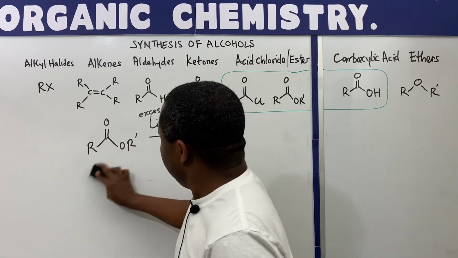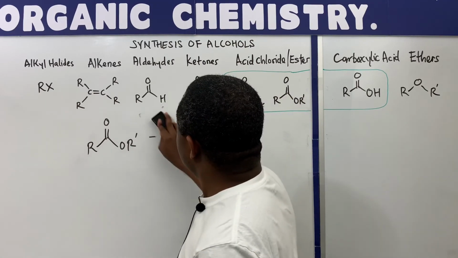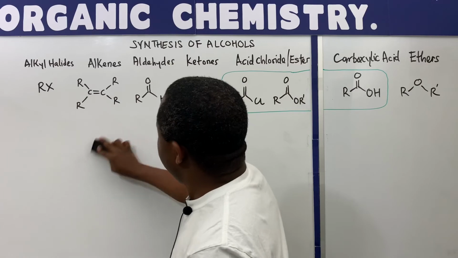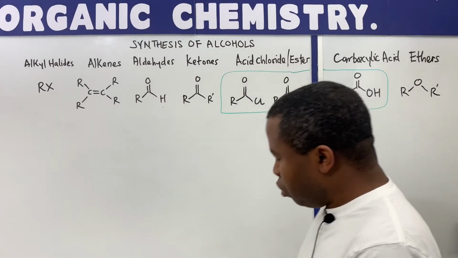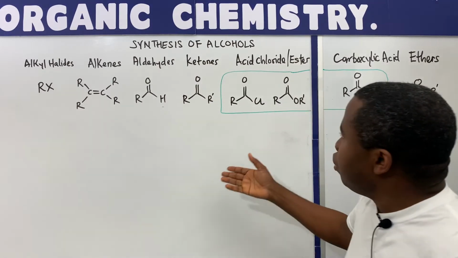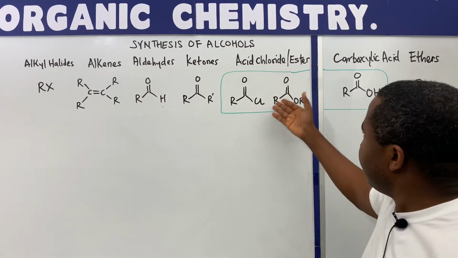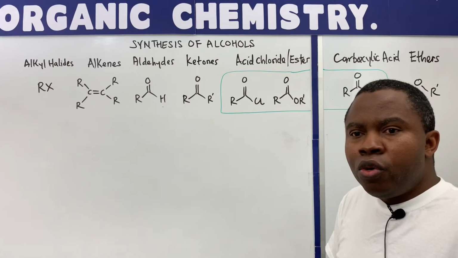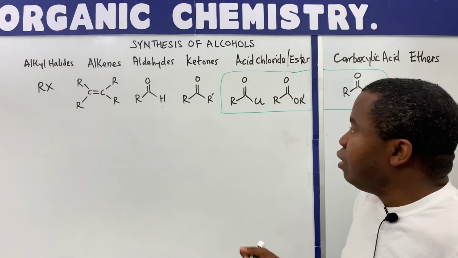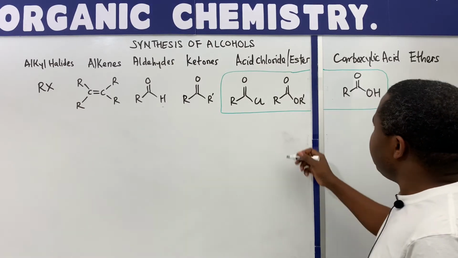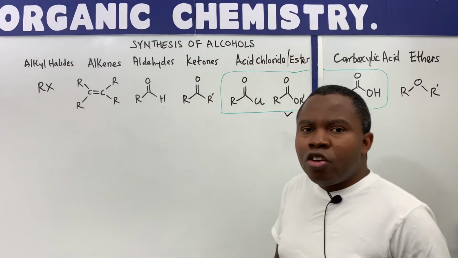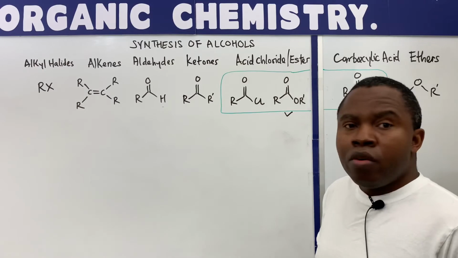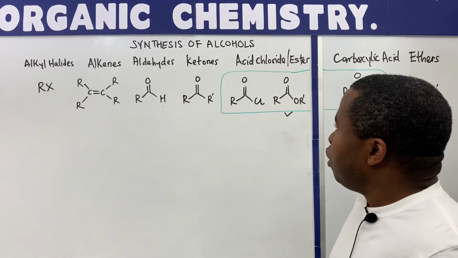So we're going to use ester to explain this. Just like in the reaction of Grignard reagents with acid chloride and ester, where we used 2 moles of Grignard reagent, also if we are trying to reduce ester and carboxylic acid using lithium aluminum hydride, we need 2 moles of the lithium aluminum hydride.